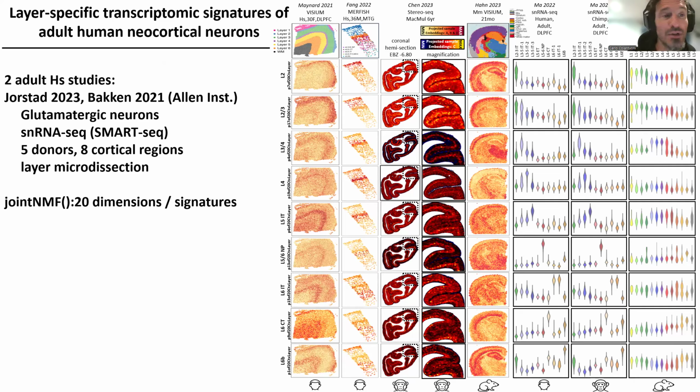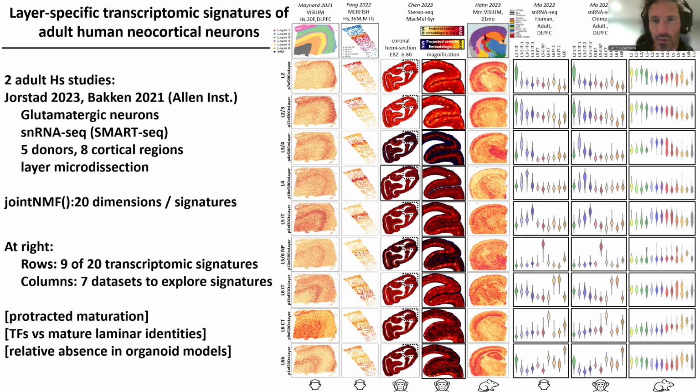Now, because we only included glutamatergic neurons across regions and across layers, inside each donor's matrix are all of that variation. Different kinds of glutamatergic neurons in different places doing different things. So the signals we pull out will be variation that is observable in all 5 of these donors across regions and layers. So we asked the joint NMF to give us 20 signatures or dimensions that together can be used in different combinations to explain all of the gene expression patterns for every single gene that are measured in these studies.